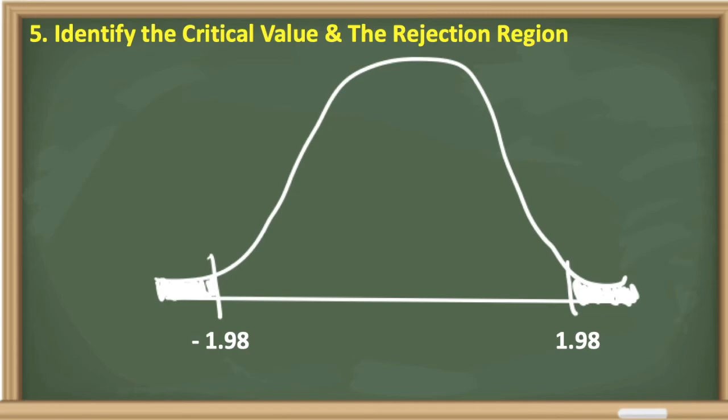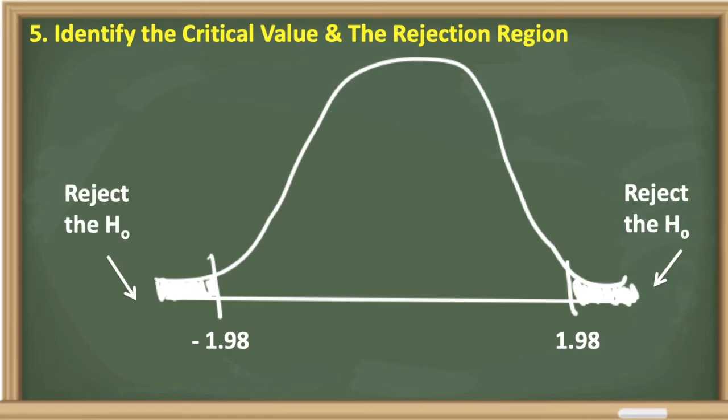What this does is help us to determine whether we should reject the null hypothesis or fail to reject the null hypothesis. Any value that is greater than 1.98 or any value that is less than negative 1.98 falls within our rejection region. And if that value falls within our rejection region, we are then going to reject the null hypothesis.